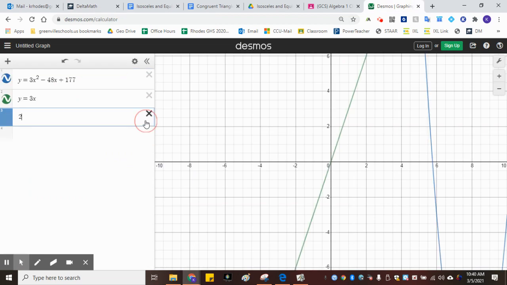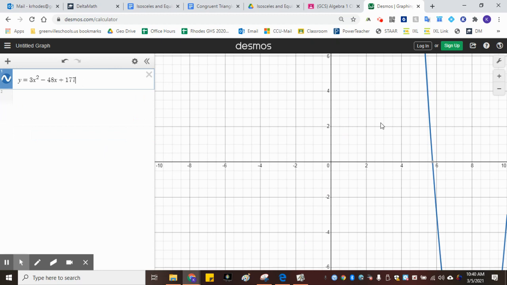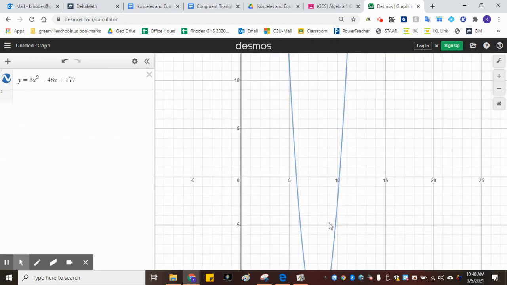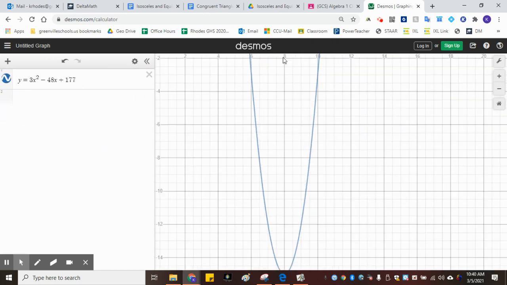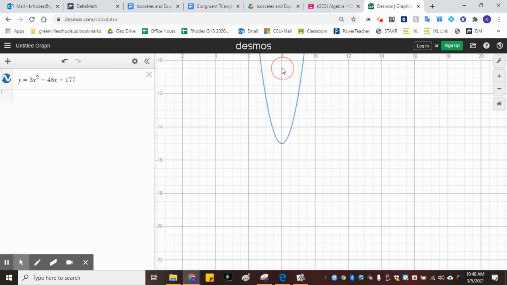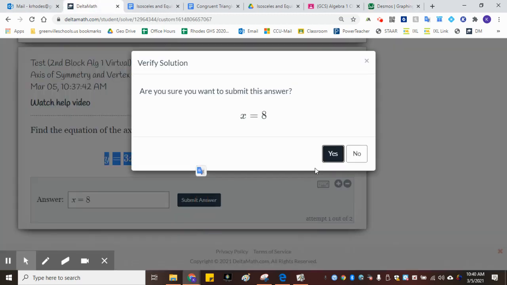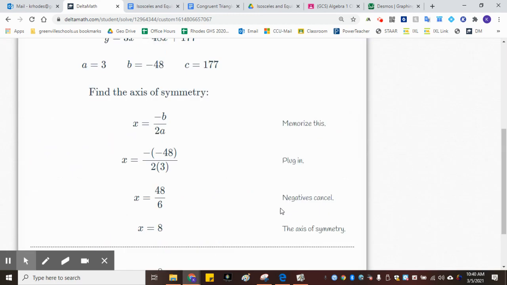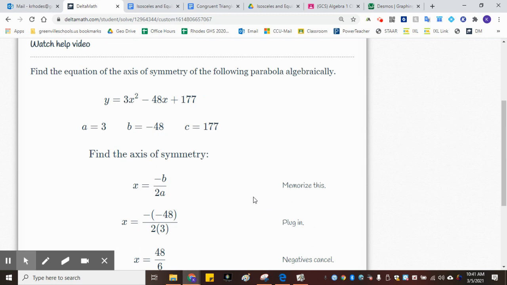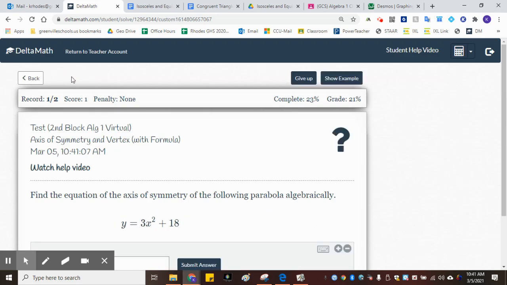Oh, it did work. Look at that. That's so exciting. All right. And so our line of symmetry, which we said our axis of symmetry, is right here at 8. So we got it right. So x equals 8. So negative and negative equal to positive.